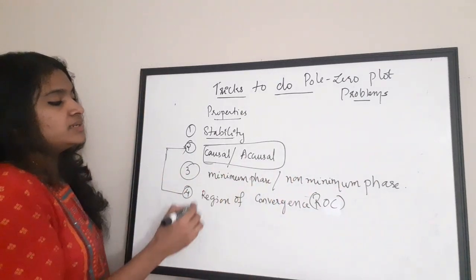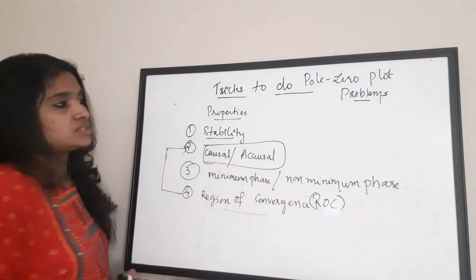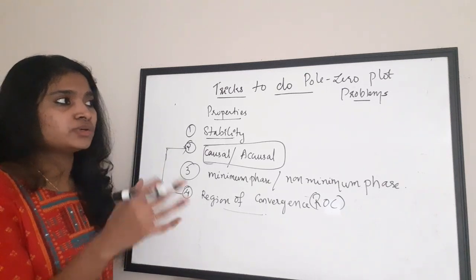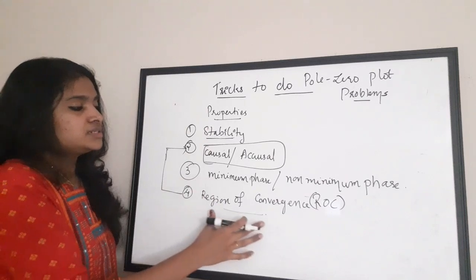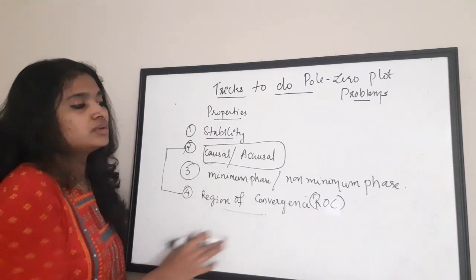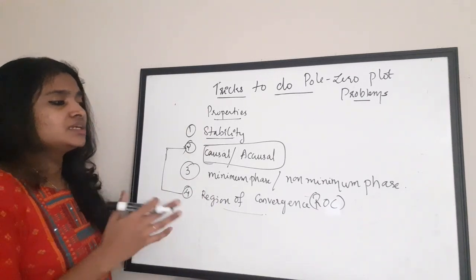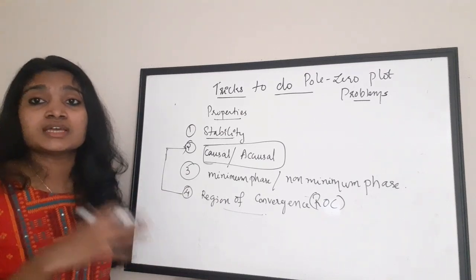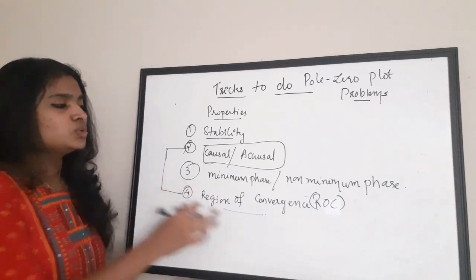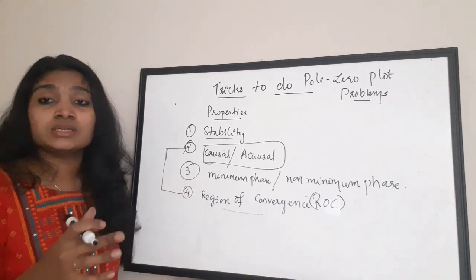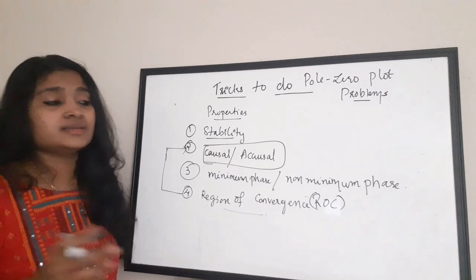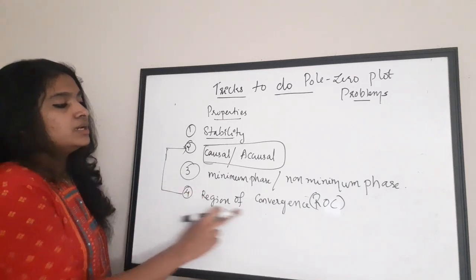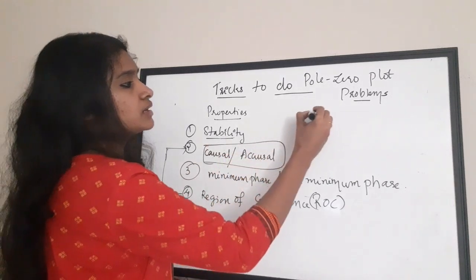Okay, now let us talk about the region of convergence. We'll do a small example of plotting a pole zero plot later, but before that let us discuss the region of convergence. This region of convergence can be defined separately for continuous time systems and discrete time systems, because in continuous time systems we use the Laplace transform and in discrete time systems we use the Z transform in most cases.